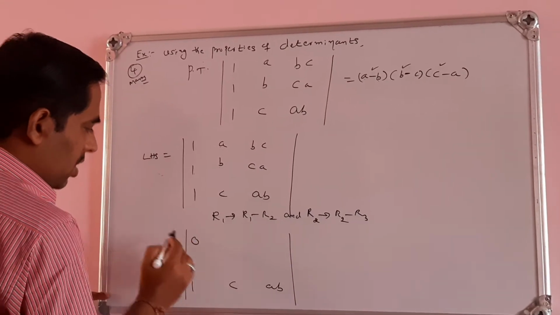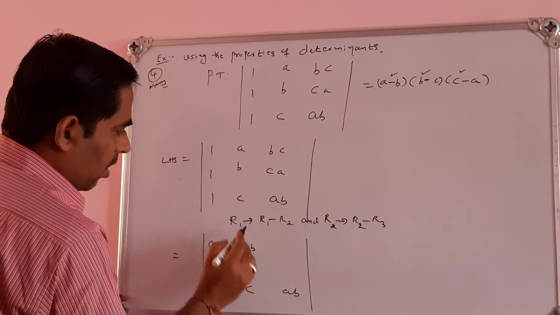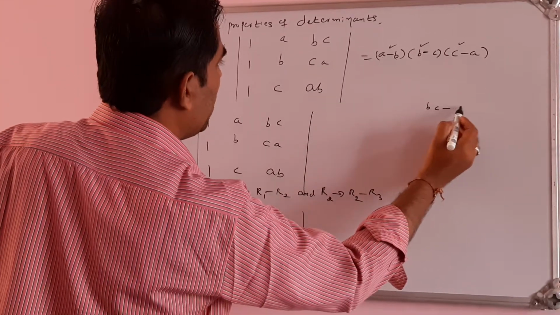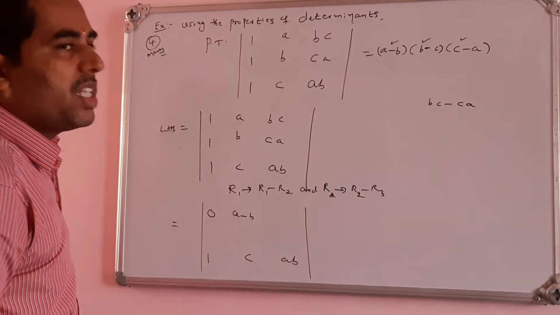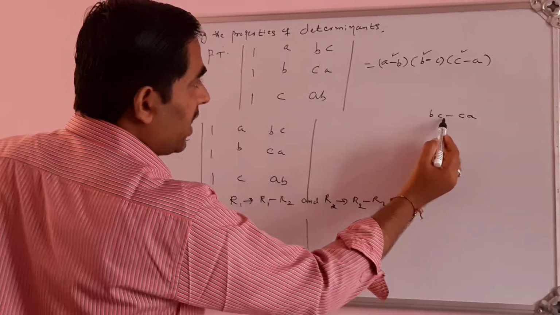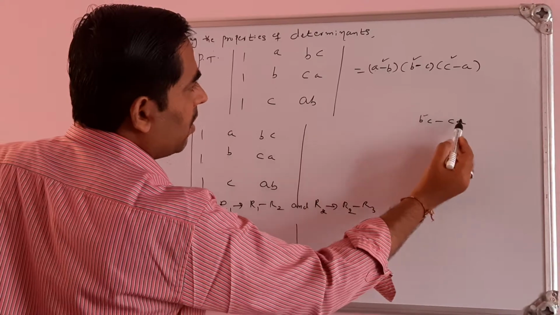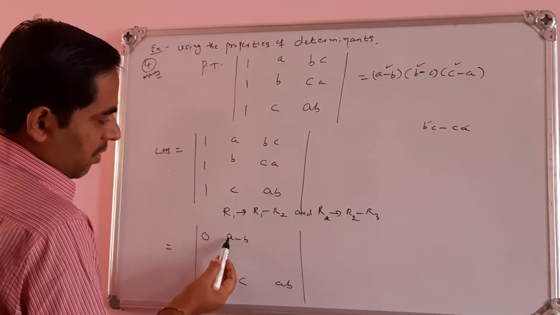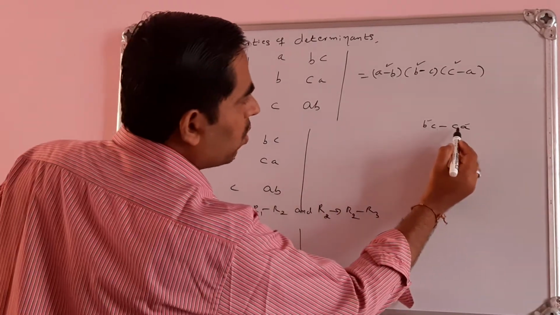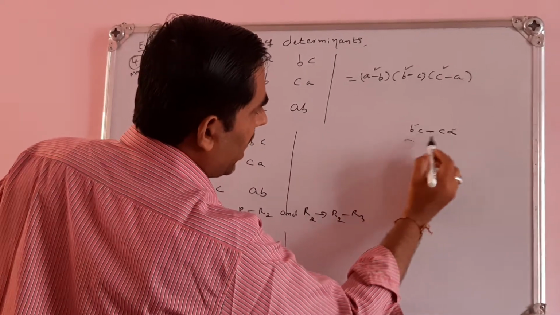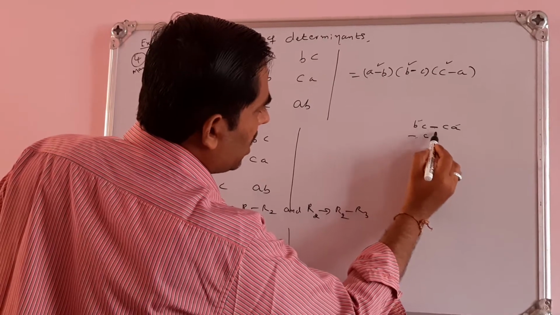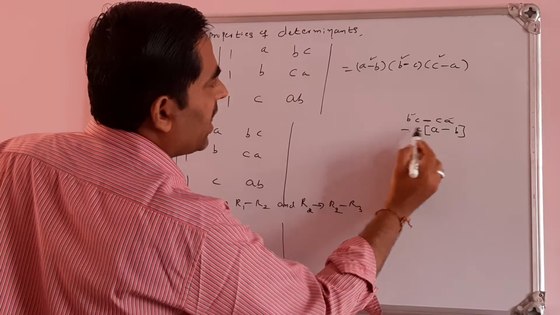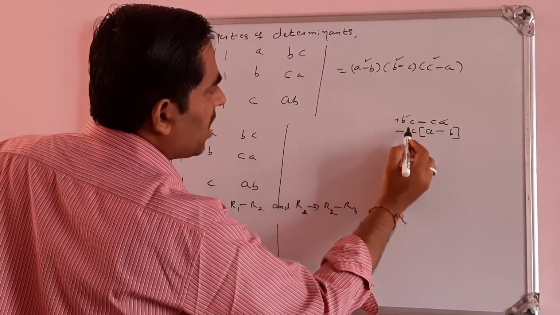R1 minus R2. 1 minus 1, that will be 0. Then A minus B. Then BC minus CA. We can do the rough work here. If I take C outside, I will get B minus A. Here A minus B is already first, so I should get A first and afterwards B. To do that, I can take minus outside. Minus C into A minus B, so C times minus into minus will be plus BC.